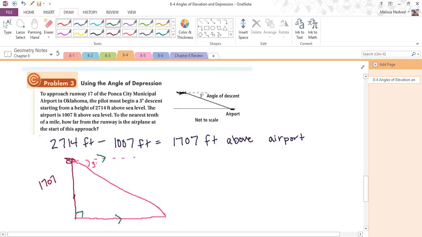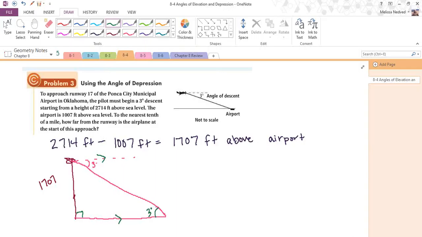That makes this line, the angle of depression line, a transversal, and that makes this angle congruent to the 3-degree depression. So we do have that extra step built in there when we're talking about angle of depression, to move that angle of depression from outside the triangle using alternate interior angles to inside the triangle. And it should always work that way.